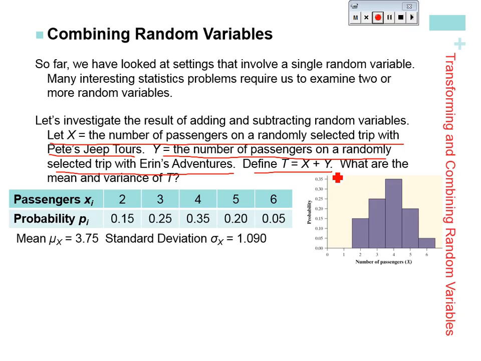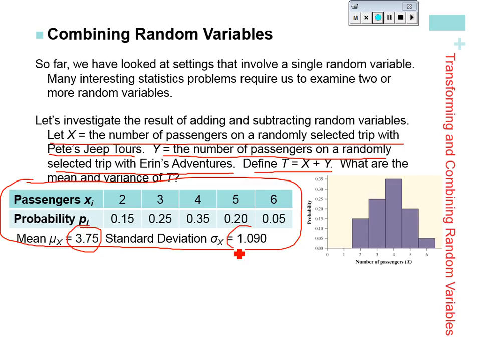So this right here is the data that we have for Pete's Jeep Tours. We know that Pete is going to expect on an average day 3.75 passengers on one of his tours with a standard deviation of 1.090, and here's the shape of the graph that goes with that.